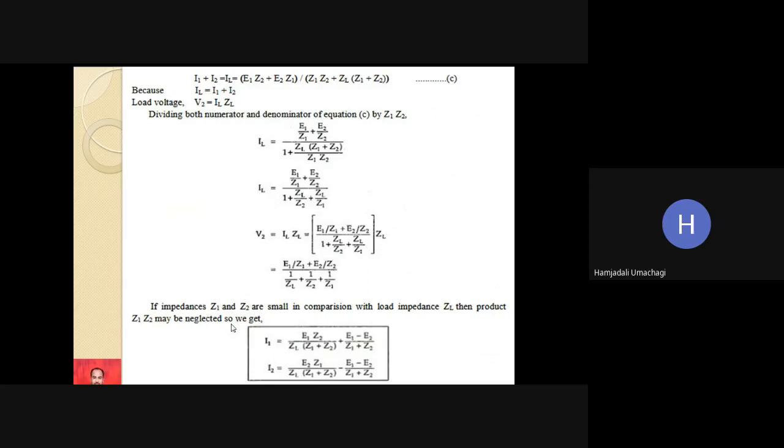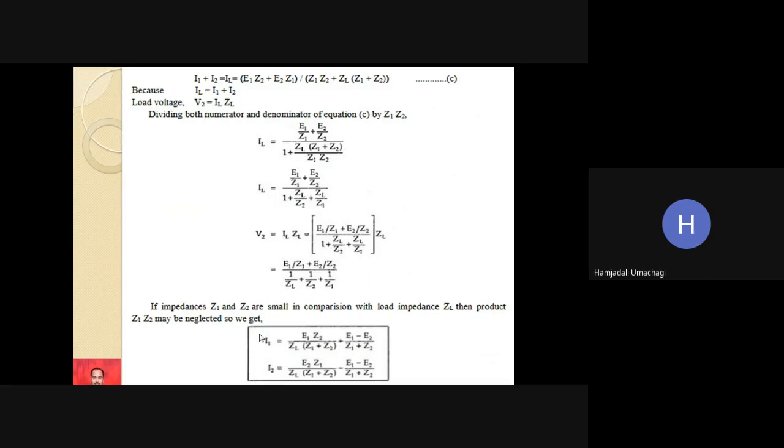If we neglect the magnitudes of Z1 and Z2, the value of their product will be almost 0.